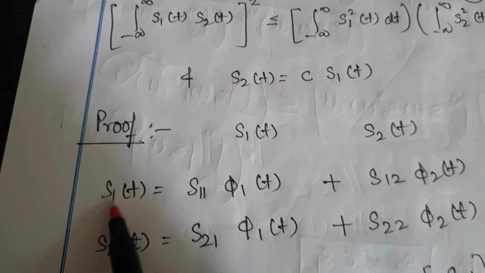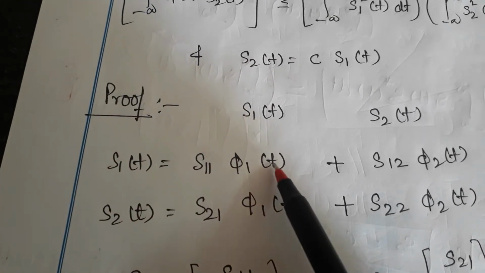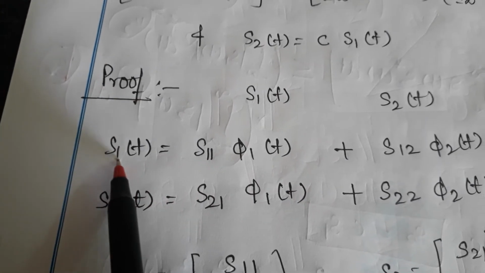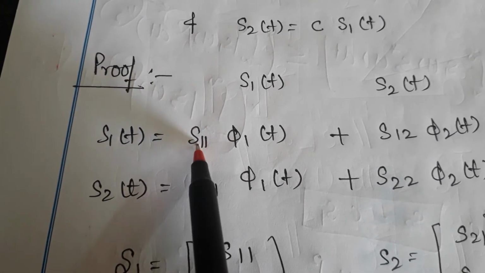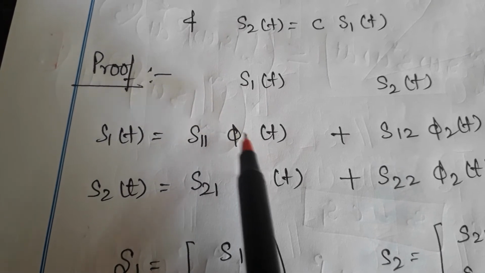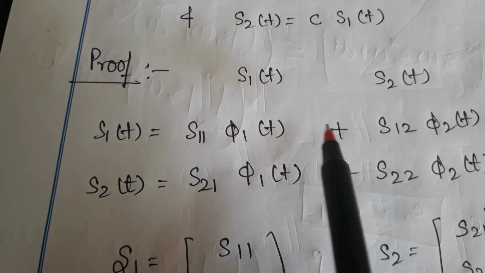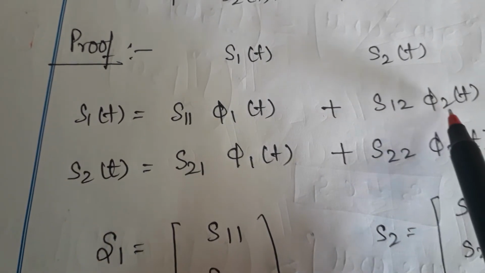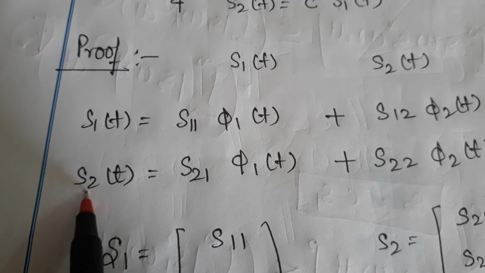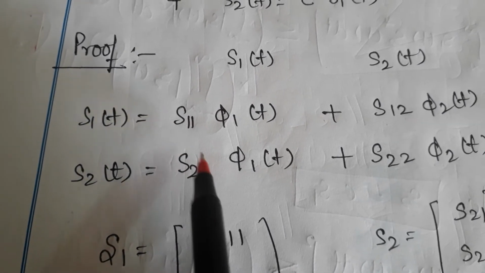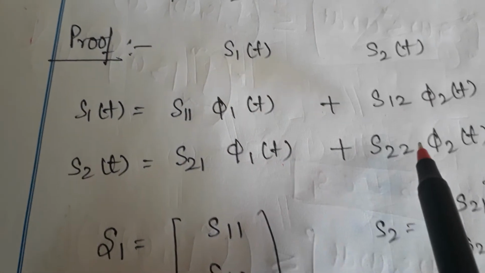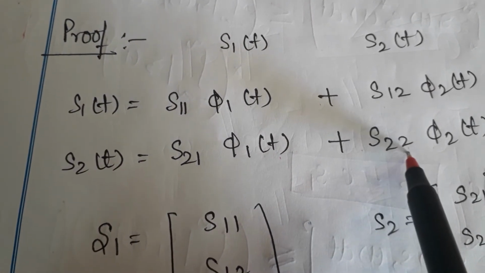To prove the equation, let us go for what is S1. How many carriers have I got? I have got 2 carriers, phi 1 and phi 2. So S1(t): carrier is 1, so S11 into phi 1 plus S1 with carrier 2 into phi 2 of t. Similarly, S2(t) is S21 phi 1 of t plus S22 phi 2 of t, where 2 indicates the carrier.